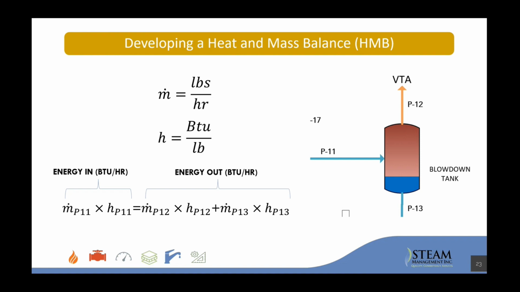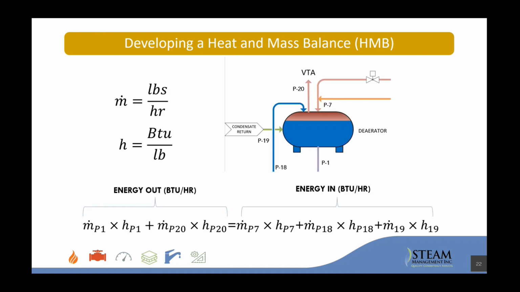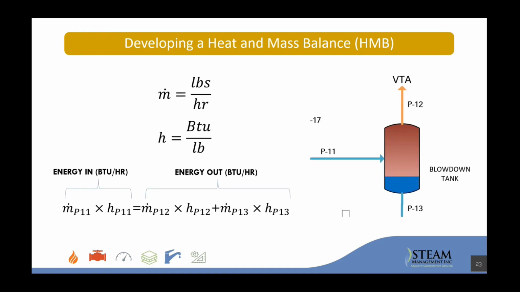So we did the deaerator heat and mass balance. This is basically any kind of flash tank mass balance. So your pressurized condensate in, when it gets to the lower pressure in the flash tank, some of it is going to flash off. And the way you can determine your flash steam percentage is that the heat and mass balances out.